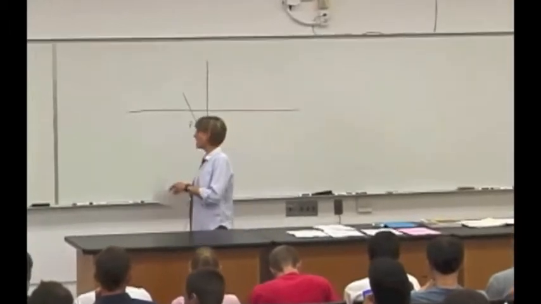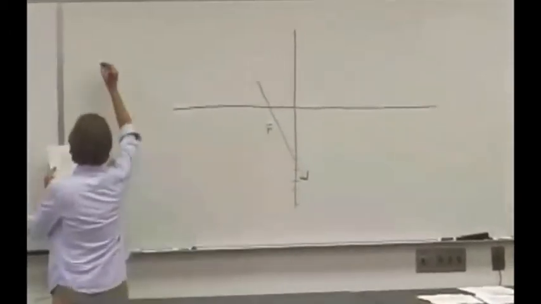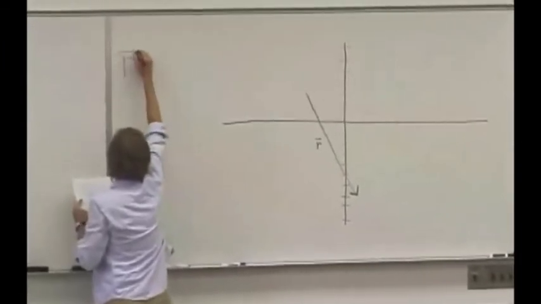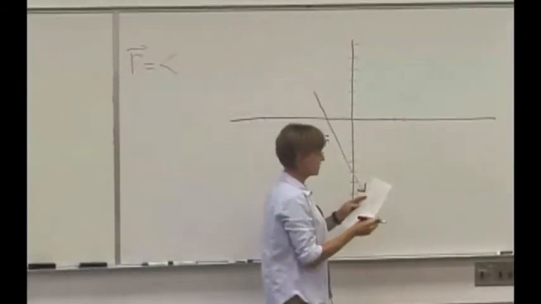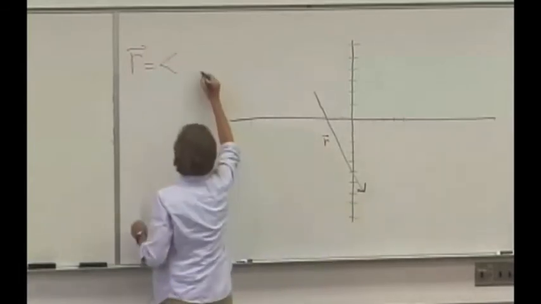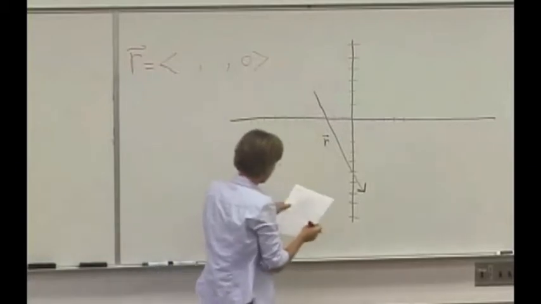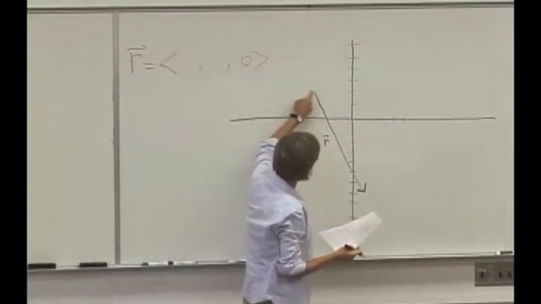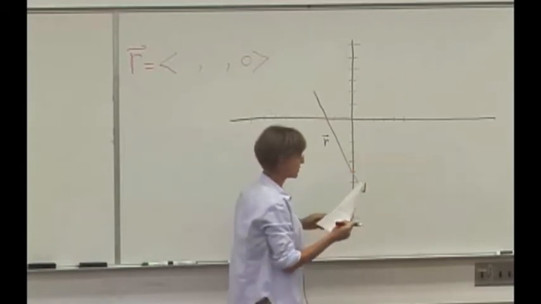Okay, first of all, what are the components of the vector r? We have the vector r. It's in the xy plane, so the z component is clearly going to be 0. And what's the x component? Well, starting from the tail and going to the tip, it's in a positive direction, so it's going to be positive.